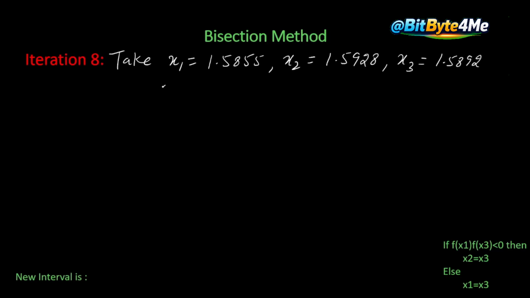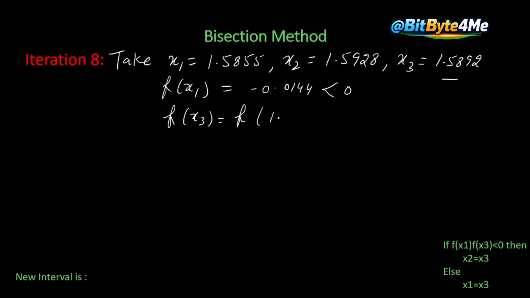So f of x1 will be minus 0.0144, which is less than 0, and f of x3 means f of this value 1.5892, which is 1.5892 cube minus 4, comes out to be 0.0132, which is greater than 0.